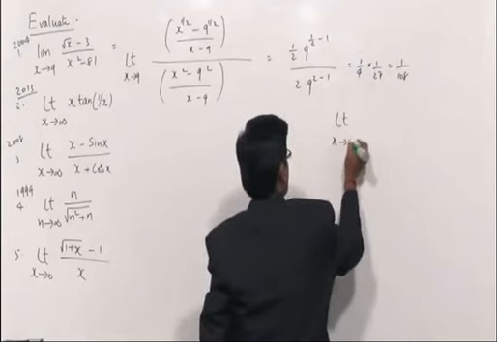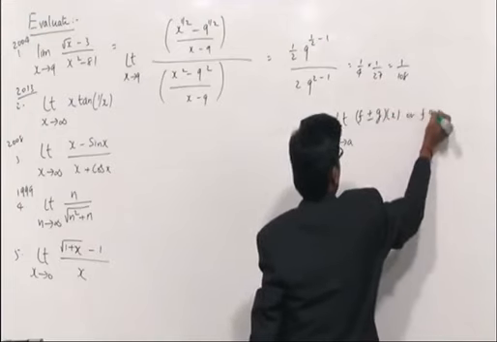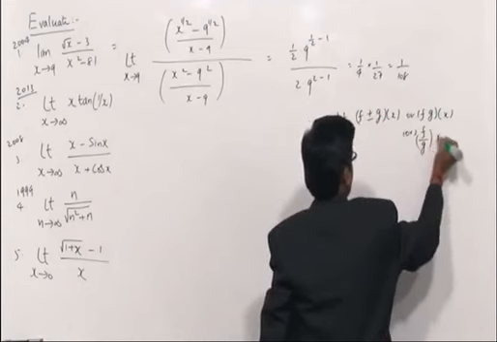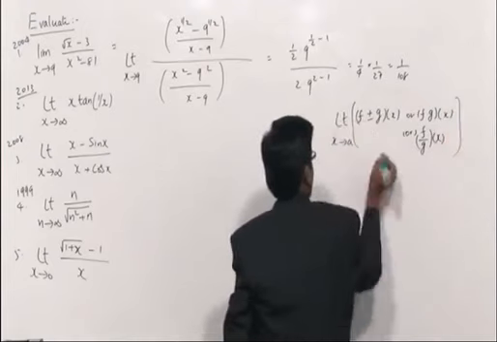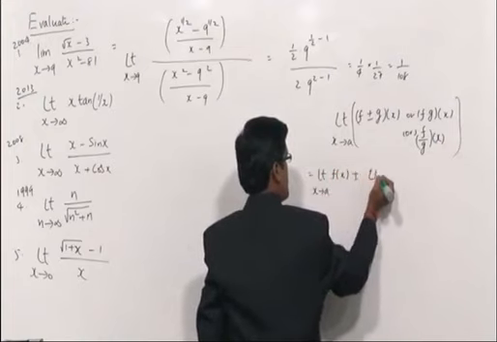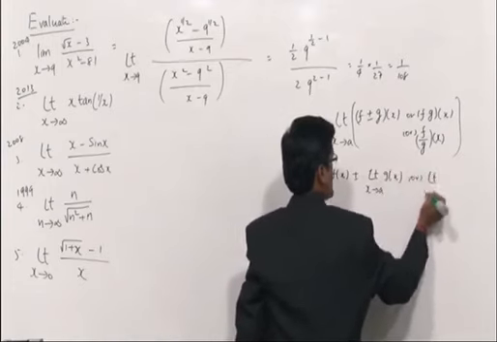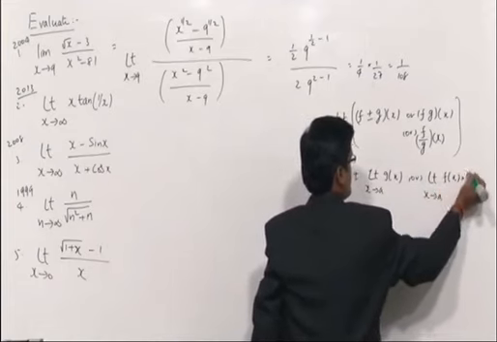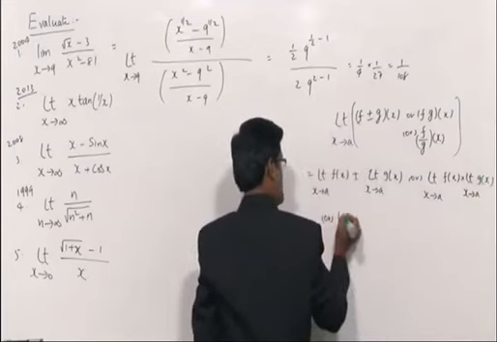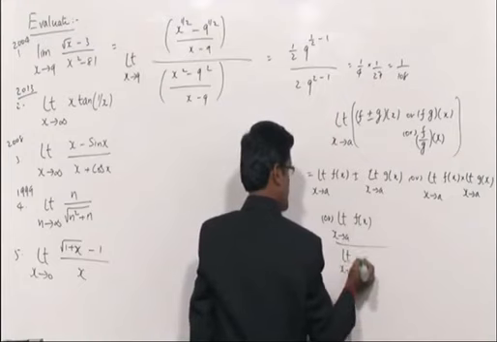Since limit x tends to a, f plus or minus g, or f into g, or f by g, in all these is equal to limit x tends to a, f(x) plus or minus limit x tends to a, g(x), or limit x tends to a, f(x) into limit x tends to a, g(x), or limit x tends to a, f(x) divided by limit x tends to a, g(x).